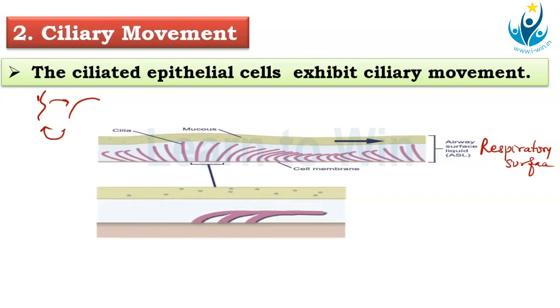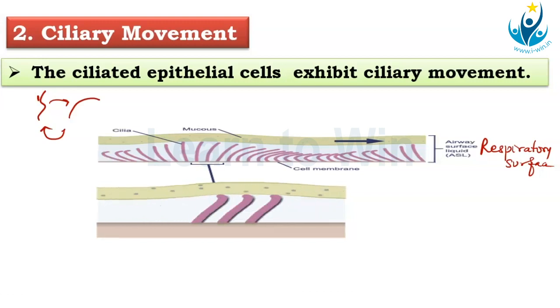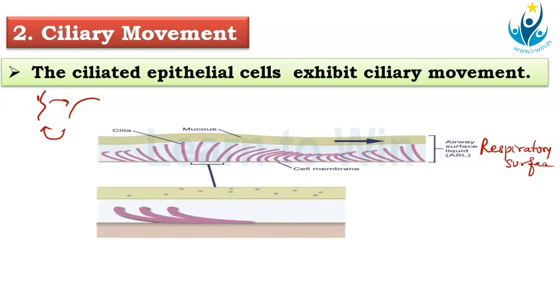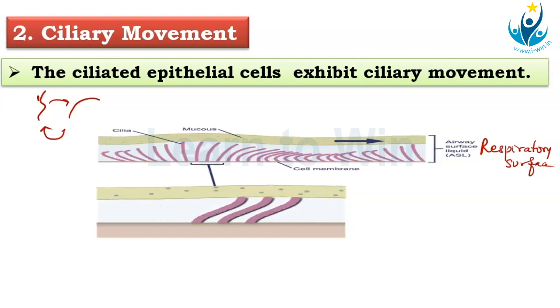So this is ciliary movement. As I've said, they are present not only in the lining of the trachea, but also in the oviducts of females, which is nothing but the fallopian tubes, and the vas efferentia of the males, the epididymis regions. All of these show this ciliary movement, shown by the ciliated epithelium.